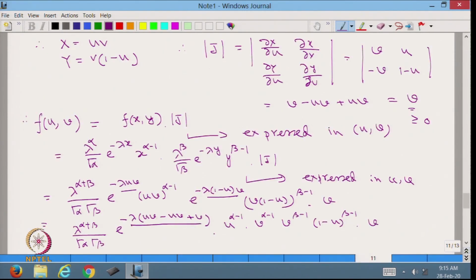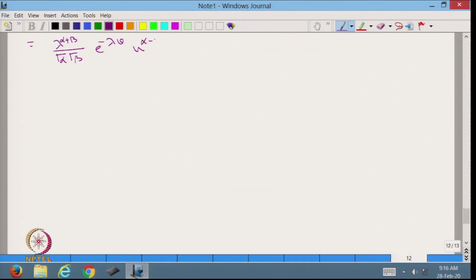This I am getting from here: u to the power alpha minus 1, 1 minus u to the power beta minus 1, and v to the power alpha plus beta minus 1.